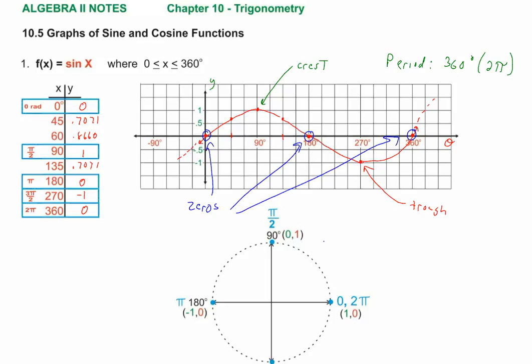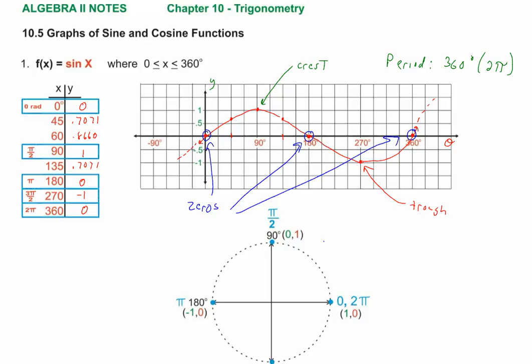So we're showing one wave from 0 to 360, and that's the normal sine wave. That's one complete wave, 0 to 360, and it repeats. Next, from 360 to 720, repeat. From 720 to 1080, repeat. From 1080 to 1440, repeat, etc.